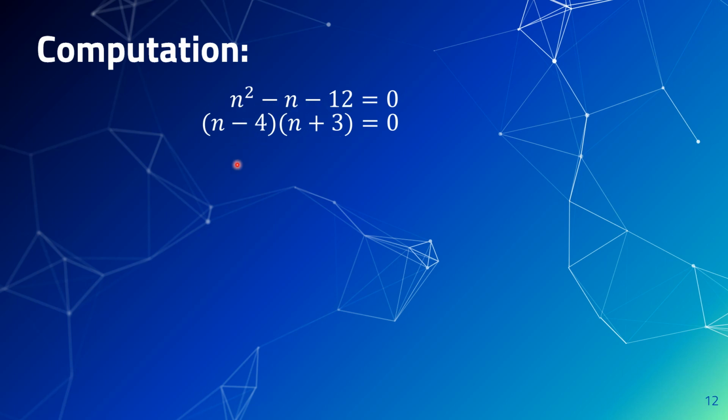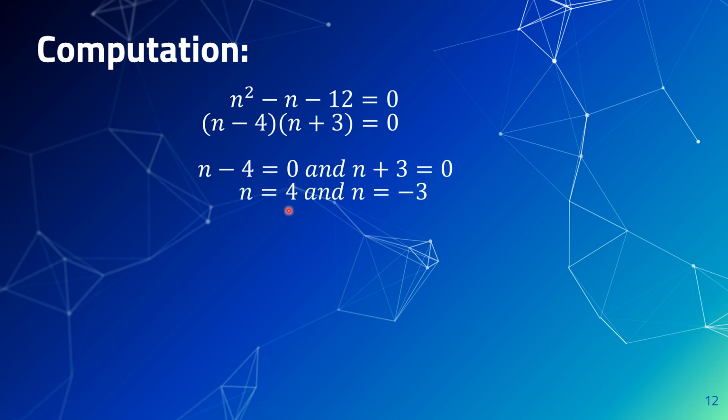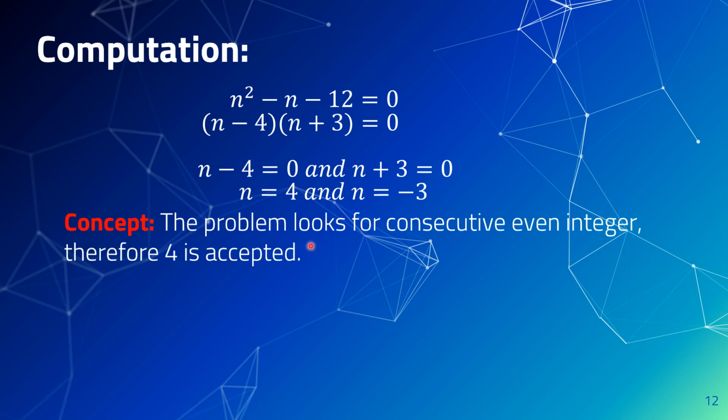Okay, so we have two values for n. So we have here n minus 4 equals 0 and n plus 3 equals 0. The first value for n is equal to 4 and the other value is negative 3. However, the problem looks for consecutive even integers. So 4 and negative 3 are two different values. However, we're just going to look for an even integer.